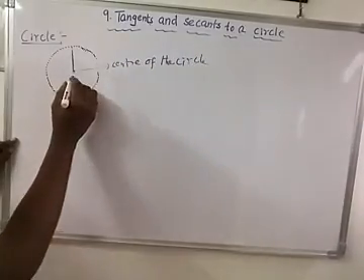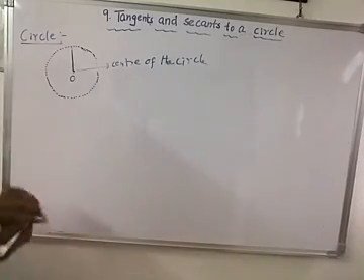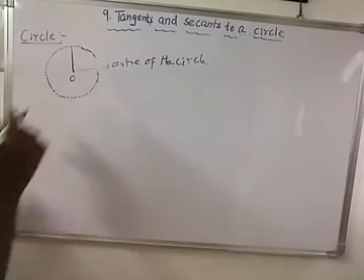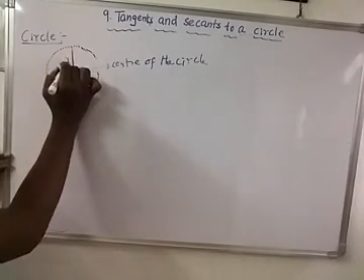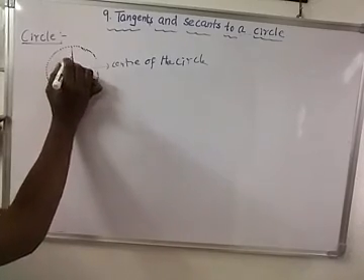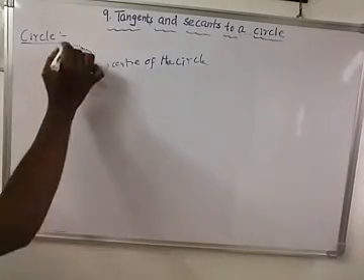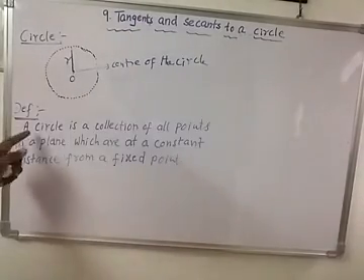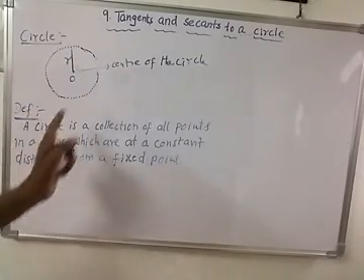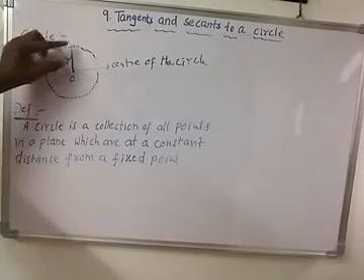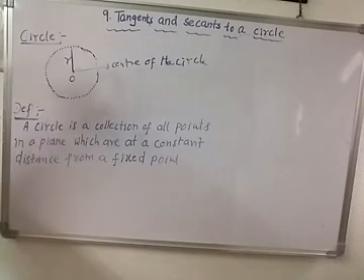It is denoted by the letter O. And the constant distance we call the radius. The radius is denoted by the symbol small r or capital R. A circle is a collection of all points in a plane which are at a constant distance from a fixed point.